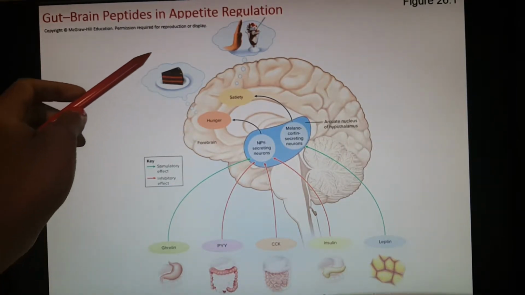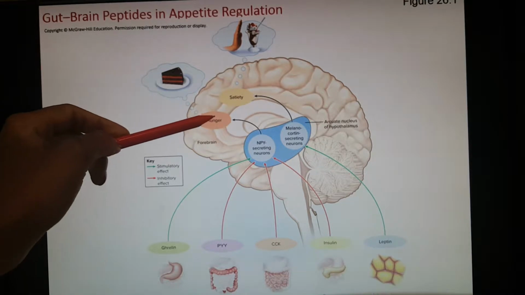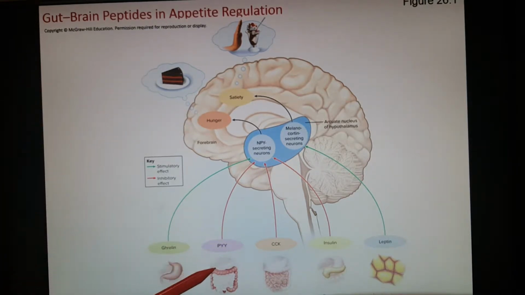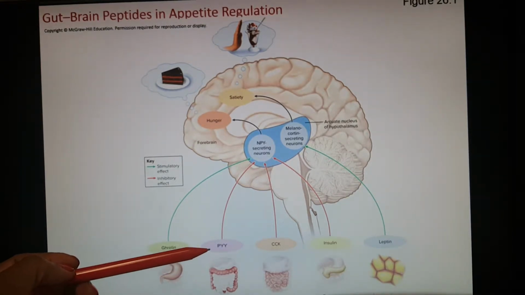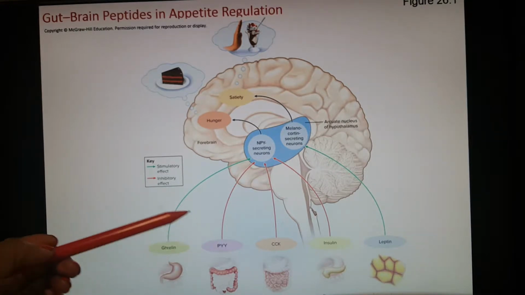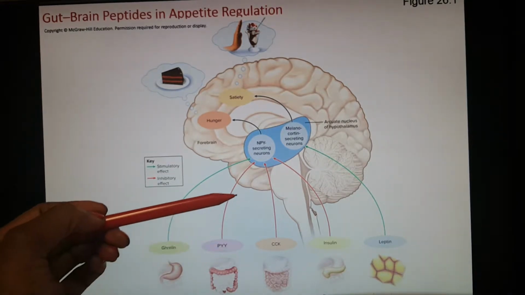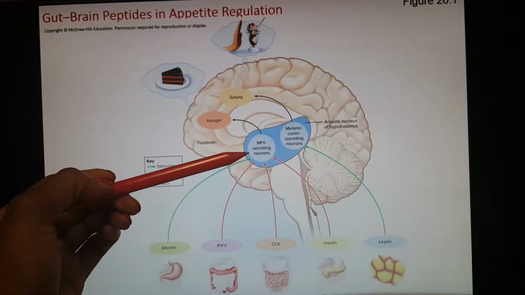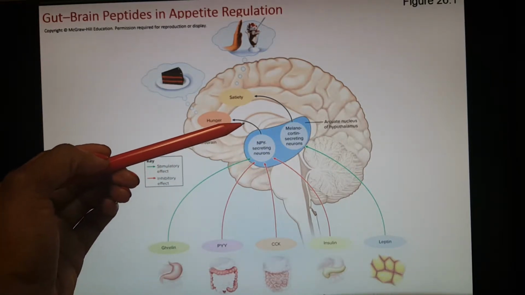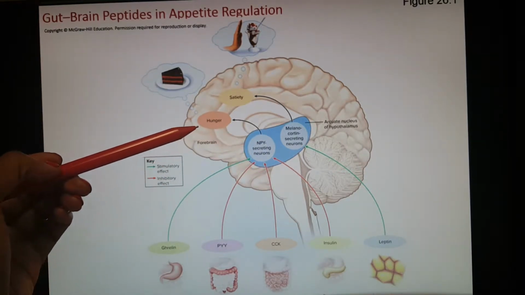So here we have our little piece of cake, stimulating the want to eat. PYY and cholecystokinin are released later in the process when you've eaten and you're starting the digestion process. So they're released and they have an inhibitory effect, still binding to those same neuropeptide Y secreting neurons and therefore inhibiting the hunger signal.